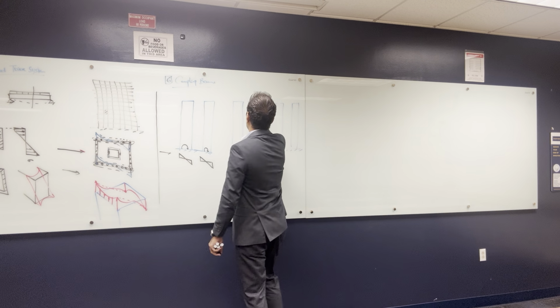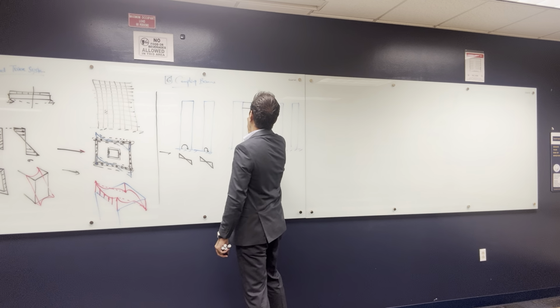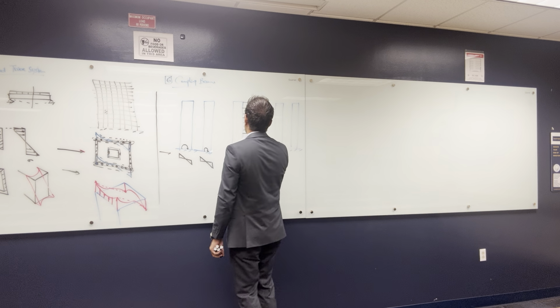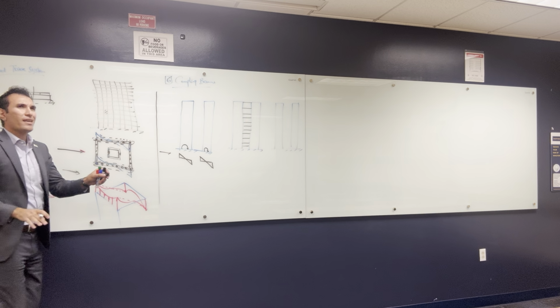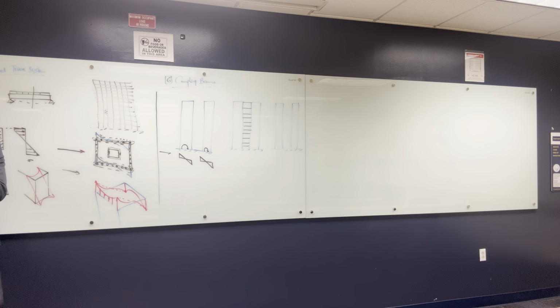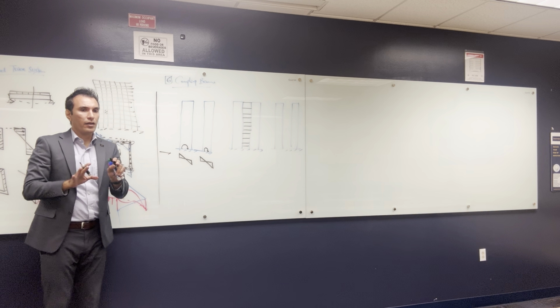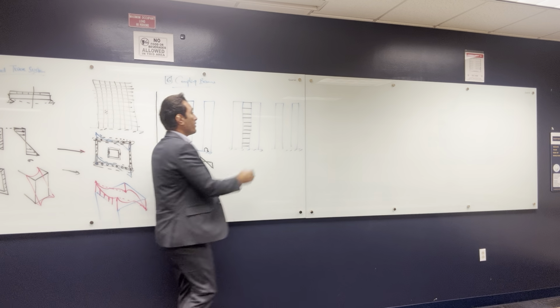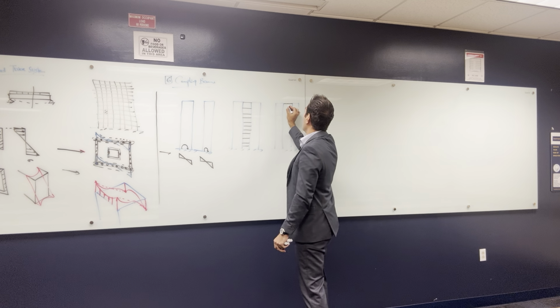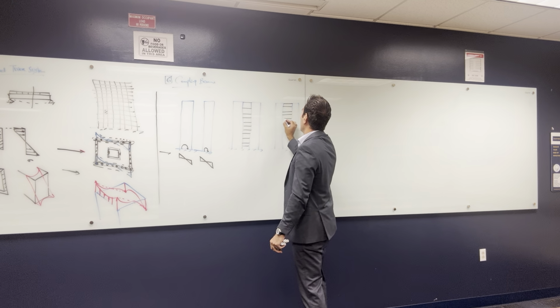Okay, so let's say that we connected them with a beam that is very strong, like at each story, we make a beam like this. This beam is strong enough to enhance this behavior. But let's say it is not that strong, something in between very strong and no beam.